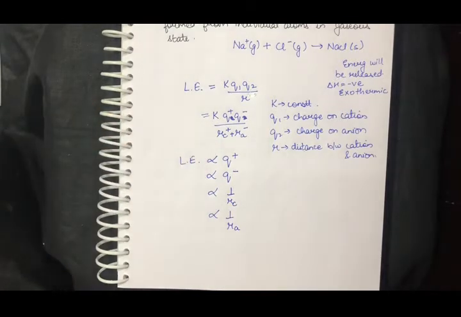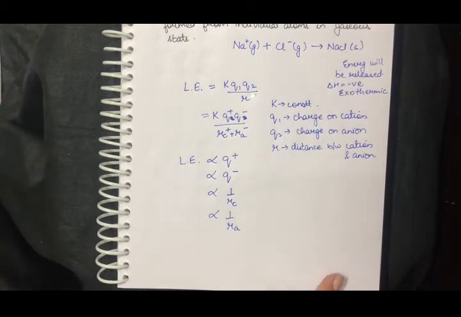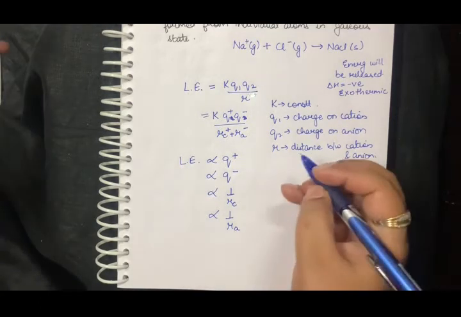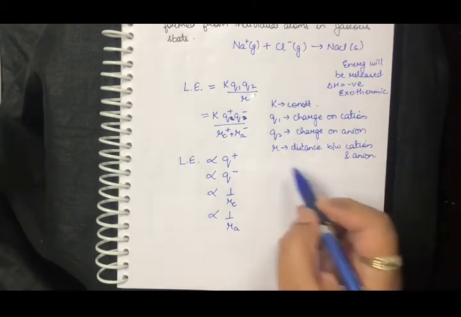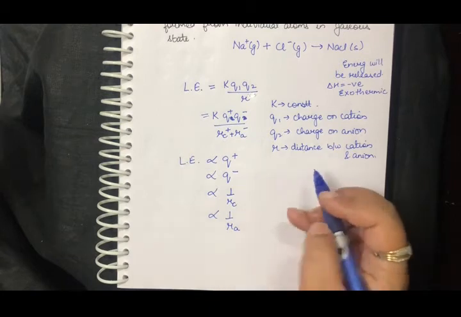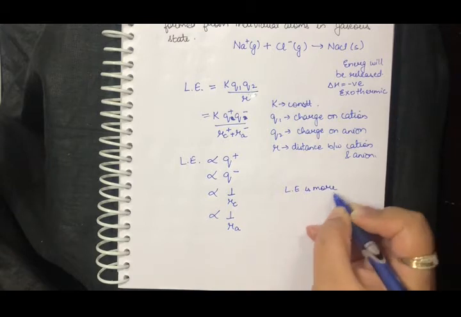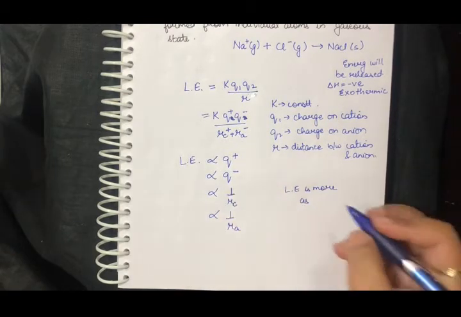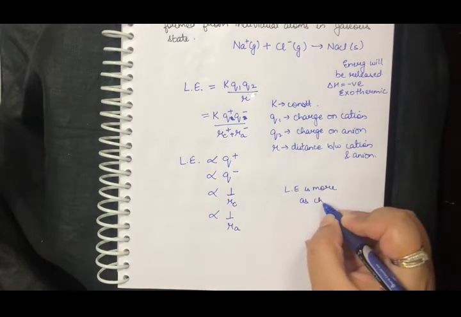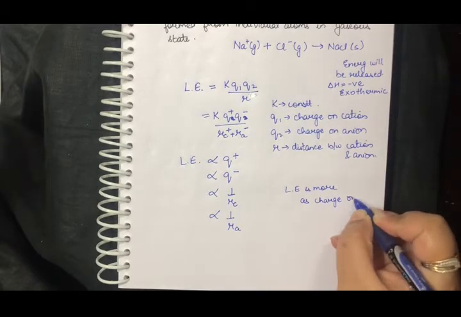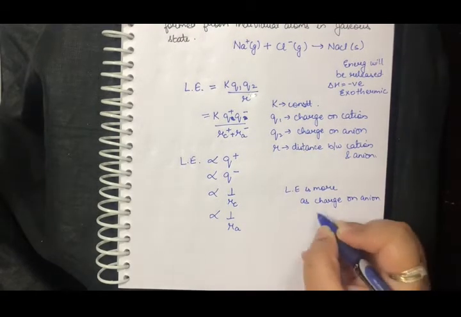Now before I move forward, there is a little controversy, or I can say a little contradiction here in the statement. Let's assume I am saying the lattice energy is more as the charge on the anion is more.